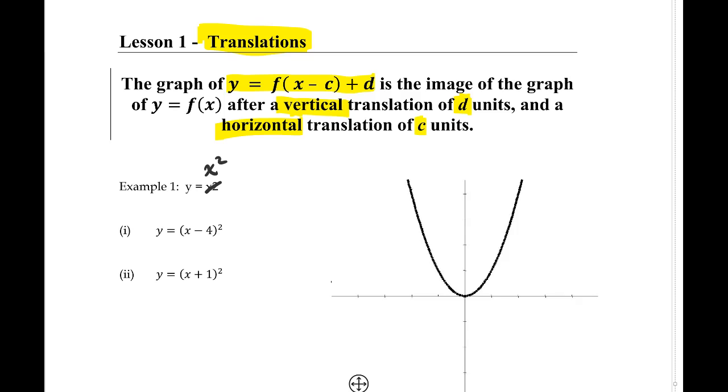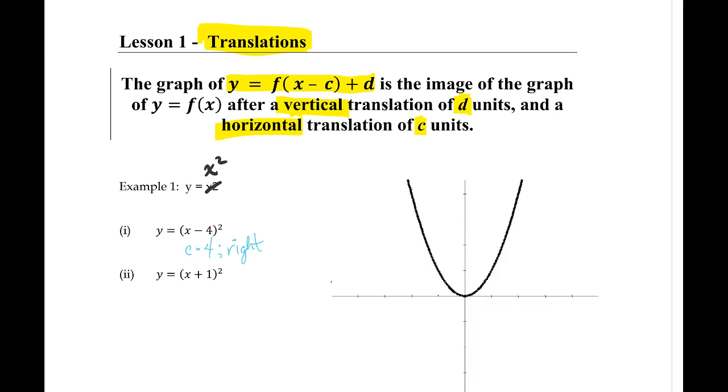So looking at our general equation, we know that our c value is going to be 4. And from our previous lessons, we know that when c is positive, that means that we are moving to the right. I always find, especially when working with our quadratic equations, that working with my vertex is the easiest.